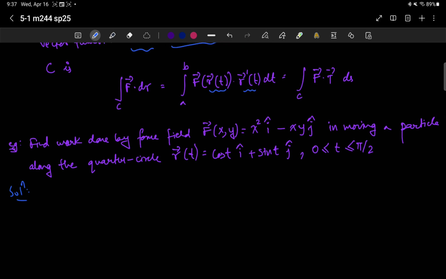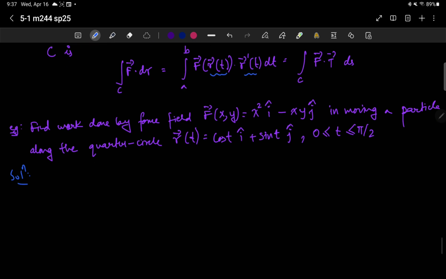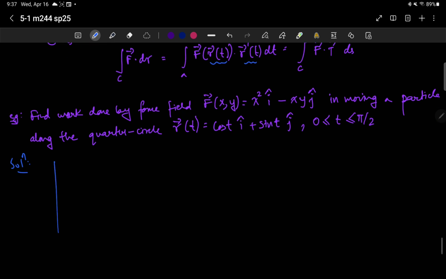It's x squared in the x direction and xy in the y direction, in moving a particle along a quarter circle, cosine t i plus sine t j, where the parameter t goes from 0 to pi over 2, because it's only a quarter circle that we are dealing with.